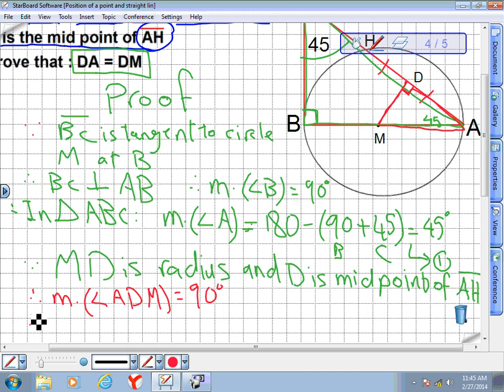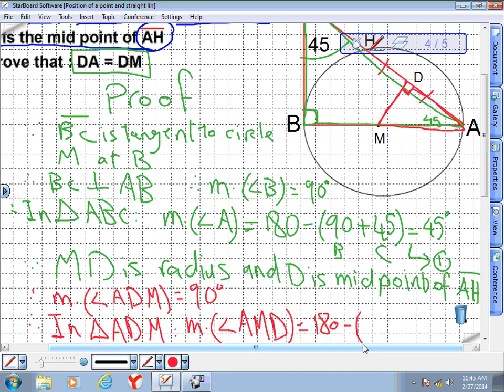Therefore in triangle ADM, measure angle AMD equals 180 minus (90 plus 45) also equals 45 degrees.